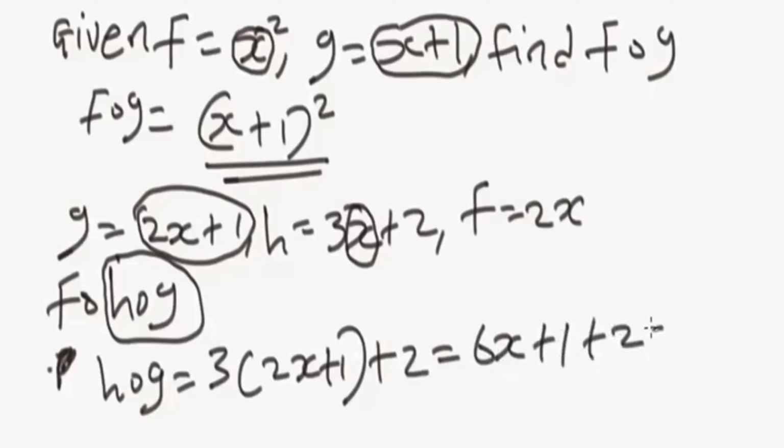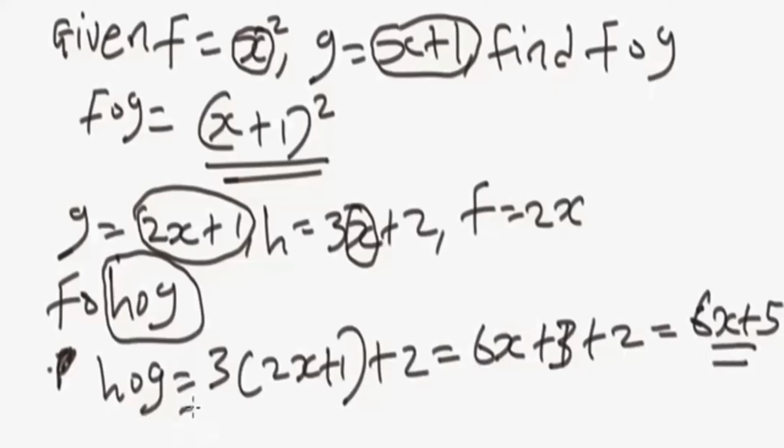So 3 times 1 will give you 3, not 1. So when you do the final calculation, you're going to have 6x plus 5. Okay, so this is the value of h of g.